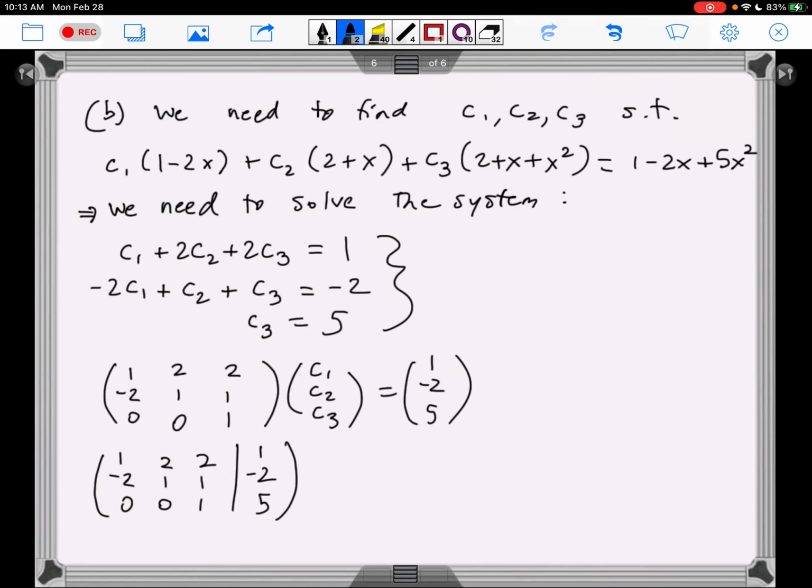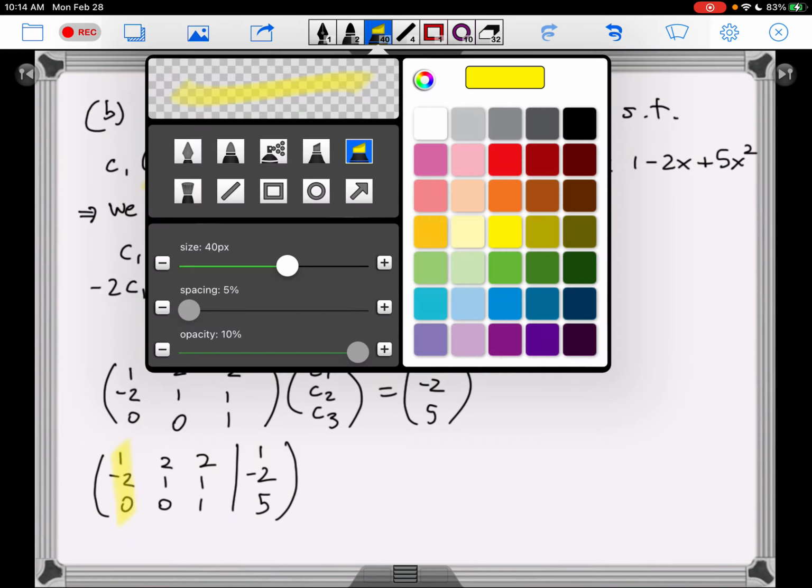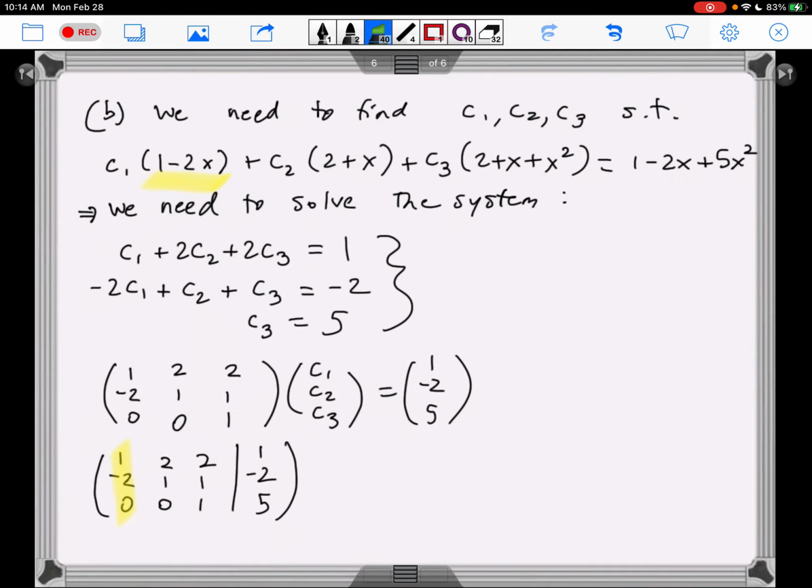Okay. Now, I want you guys to notice something, right? Notice that this guy right here, I'll highlight, this guy I'm underlining ended up right here. The second guy that I'm highlighting ended up right here.